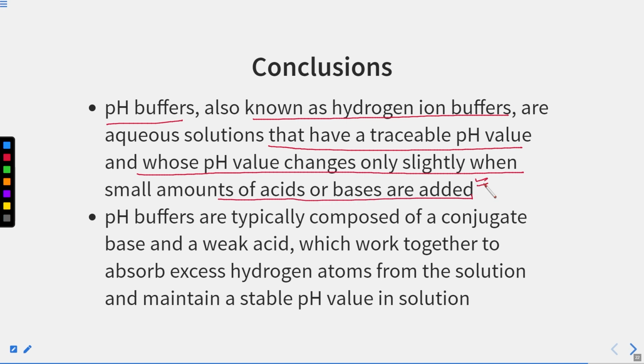It changes very slightly because it has to maintain the pH for any reaction to take place. The pH buffers are typically composed of a conjugate base and a weak acid, which work together to absorb excess hydrogen ions from the solution and maintain a stable pH value.